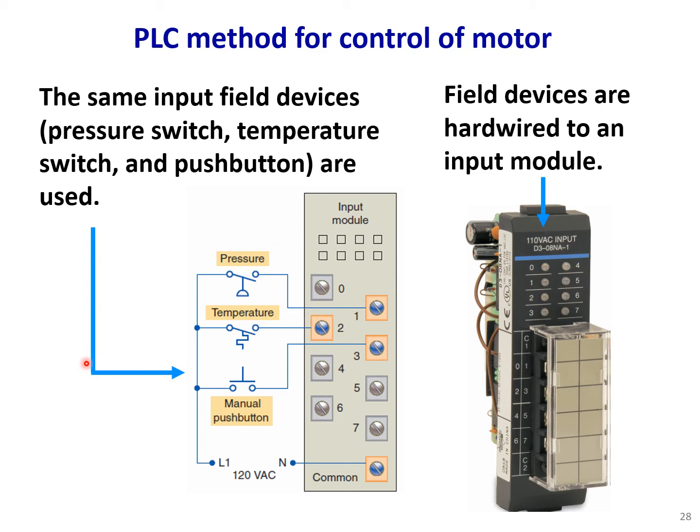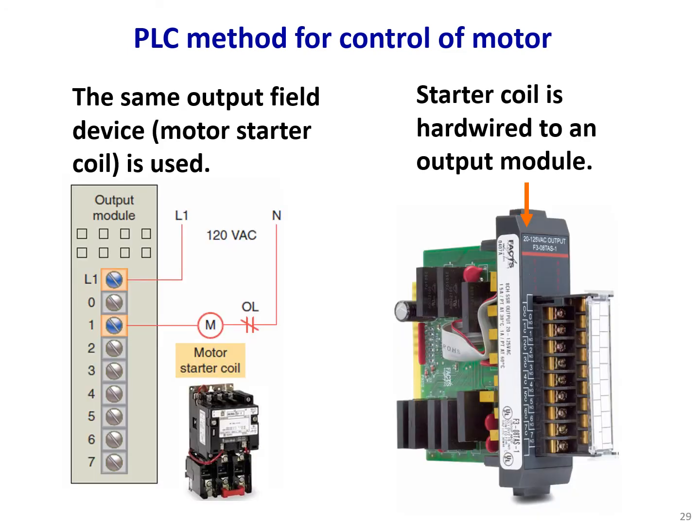So we need to connect our input devices to the input module. Here you can see how these devices are connected to the input module, and you see what the voltage is here. The output device, the motor starter, should be connected to the output module.